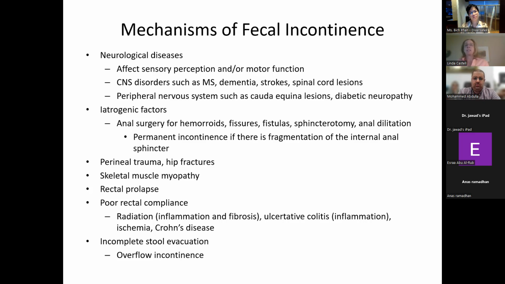If you don't have the sensation that there is stool there, you're not going to make the right maneuvers to either defecate or prevent that fecal incontinence. Also some other things that can cause it are anal surgeries for hemorrhoids, fissures, fistulas, sphincterotomies, dilations. Those all can cause some sphincter damage.